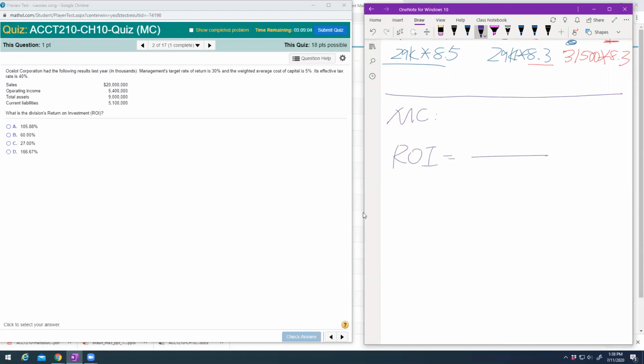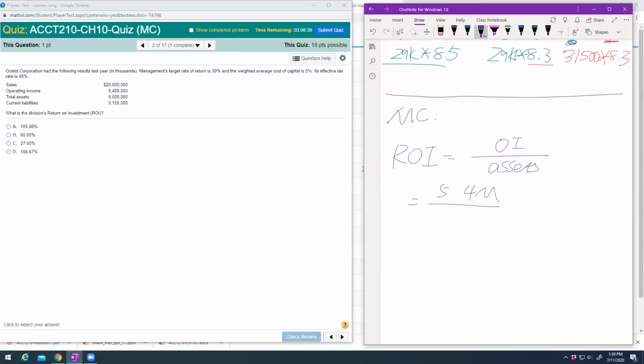Sometimes the question will give you more information than you need. You just need to pick the one that you need. ROI is operating income divided by assets. We don't worry about the average return or rate. We just want to get operating income. Our operating income is 5.4 million.